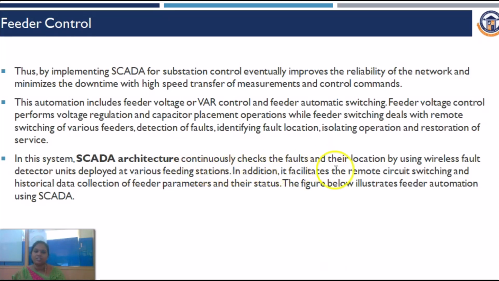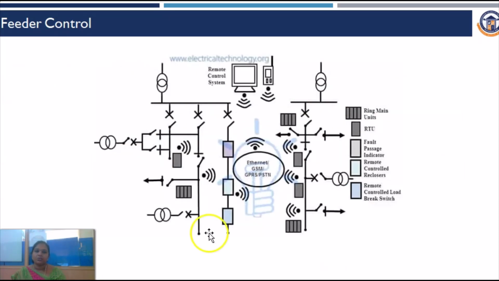We continuously check the faults and their location by using various wireless fault detector units deployed at various feeding stations. In addition, it facilitates remote circuit switching and historical data collection of feeder parameters and their status. So this is the feeder control.